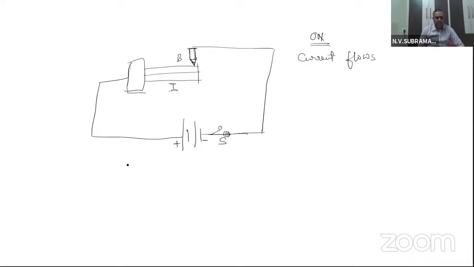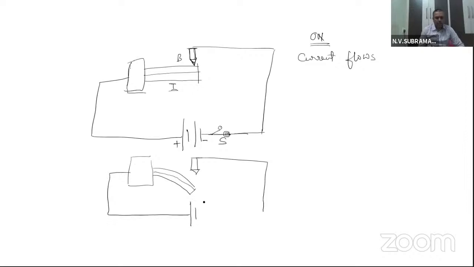When it starts getting heated, after reaching a particular temperature, it bends away like this. That means the bimetallic strip has bent. Then what happens to the connection with the pointer? The pointer connection is lost. When the pointer connection is lost, what will happen? Then automatically, even though the switch is on, children, the current does not flow into the bimetallic strip.